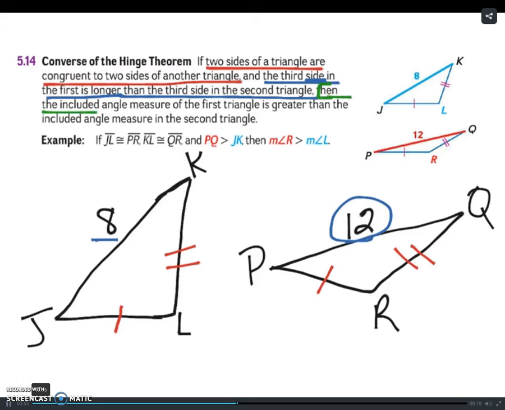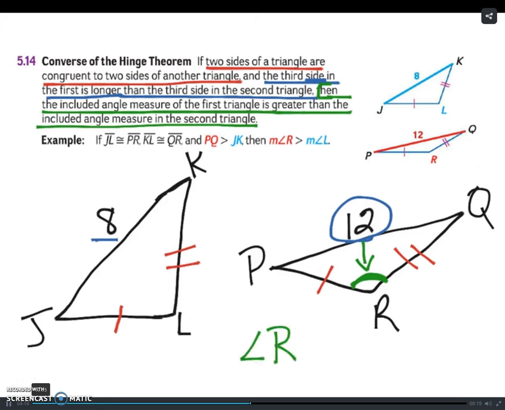So then, the included angle measure of the first triangle is greater than the included angle measure in the second triangle. So what that's telling us is that this angle R, which is across from this bigger side here, is bigger. It's larger than, or greater than.